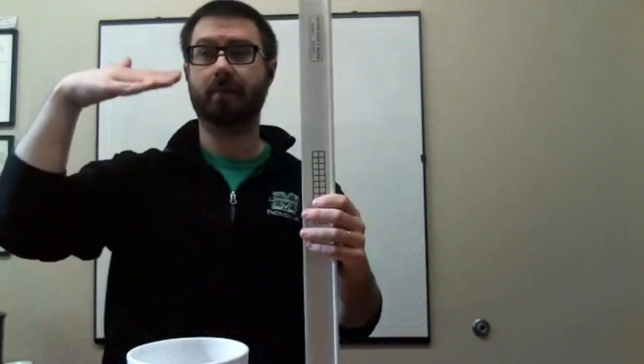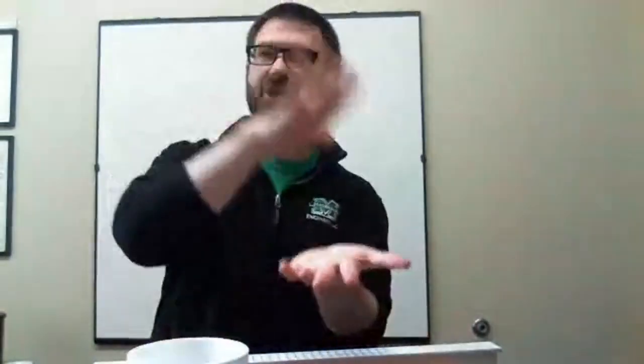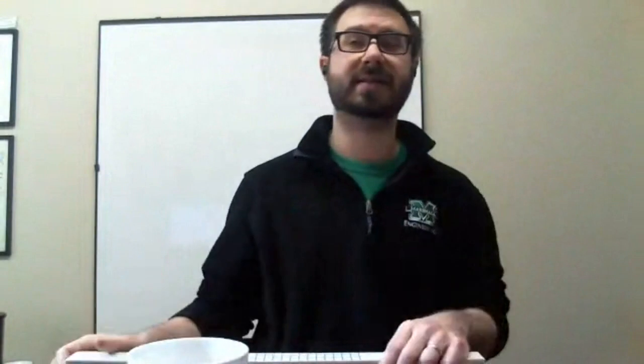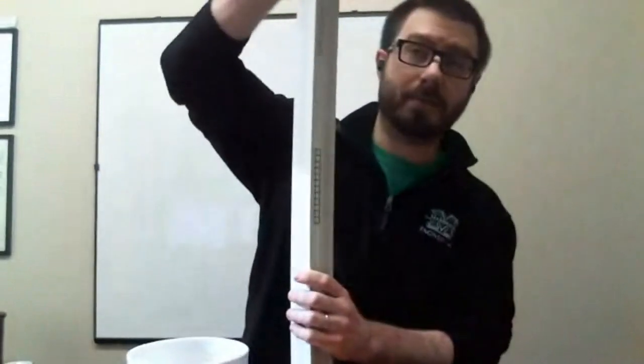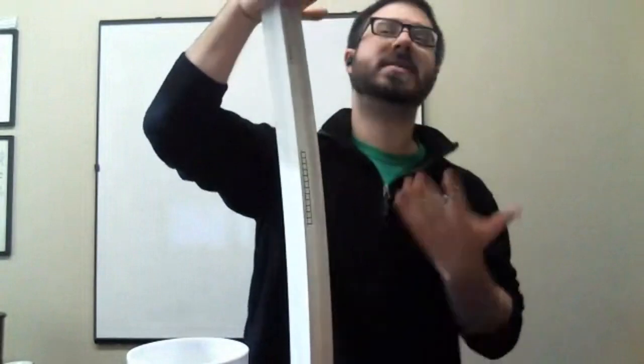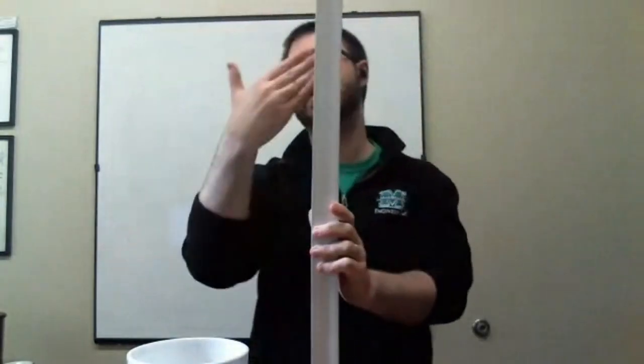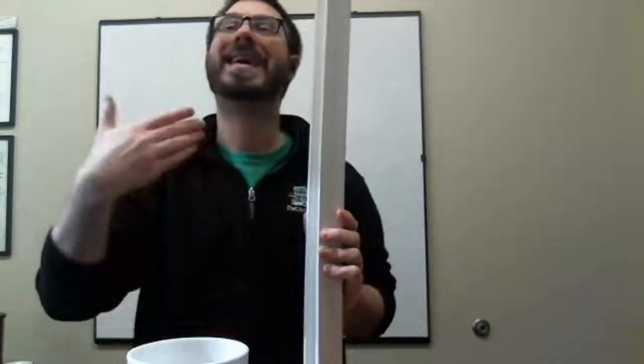Maybe it would just fail in compression. It would just squash. For each of those, I would compute a capacity. Those would be my two limit states. As long as the load I'm putting on it is less than the capacity under those two limit states, then I would say it was fine. But as soon as the load exceeds those values, I have violated my limit state.